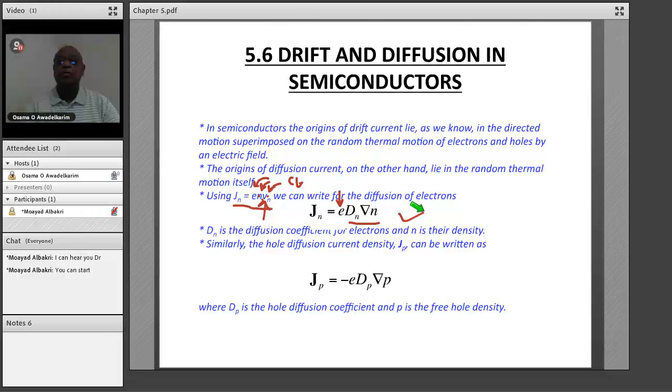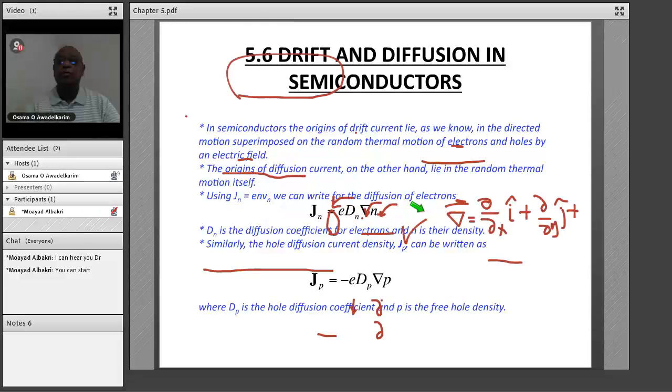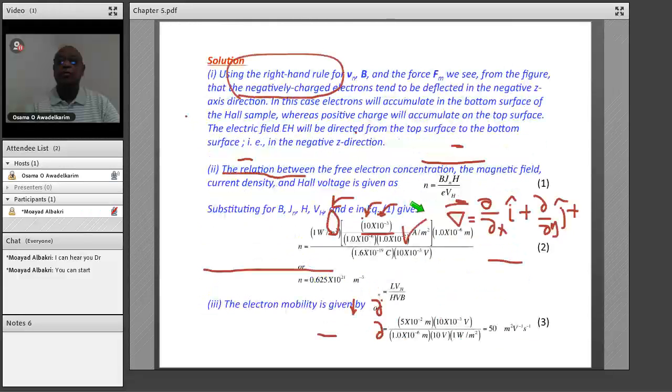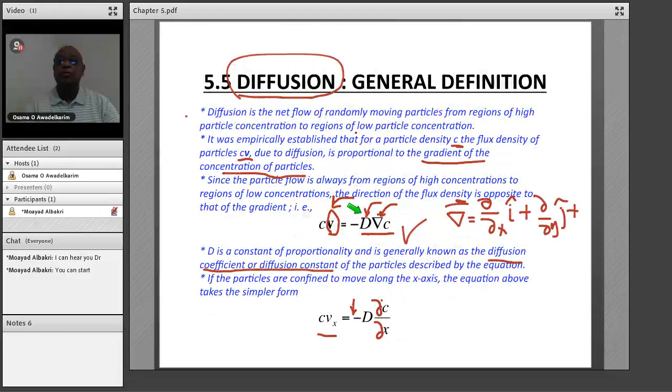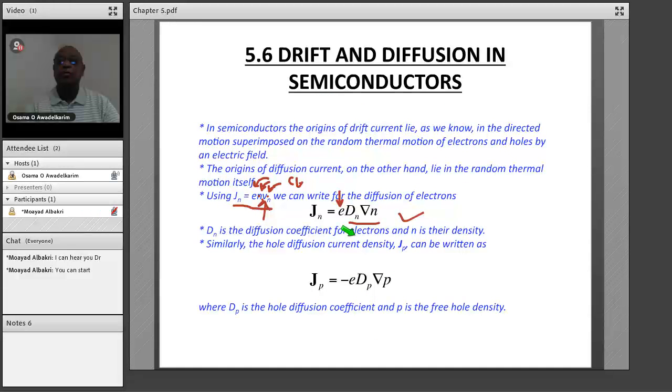Similarly, where is the minus sign? Look here, there was a minus sign here, right? Where did this minus sign go? This minus sign goes away for the case of electrons because the charge E of the electrons is also negative. So negative with negative, you get positive. So the diffusion current of electrons in an n-type semiconductor is the electronic charge E times Dn, where Dn is the diffusion coefficient or diffusion constant of electrons, times grad n.